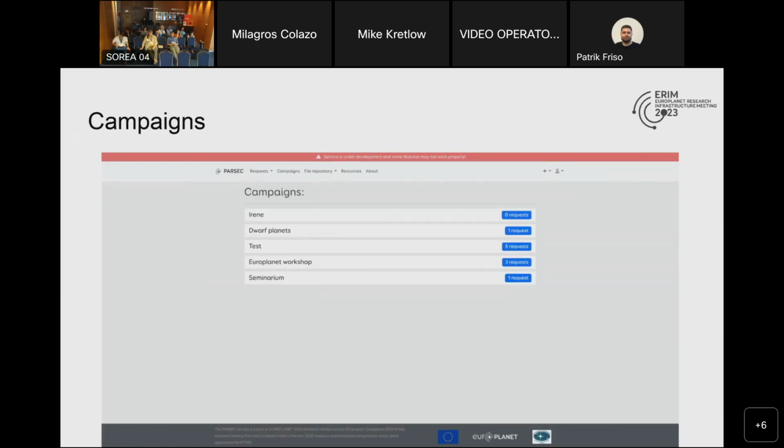This is a view for campaigns, and you can see how many requests, so how many objects are a part of such given observational campaign that users created.